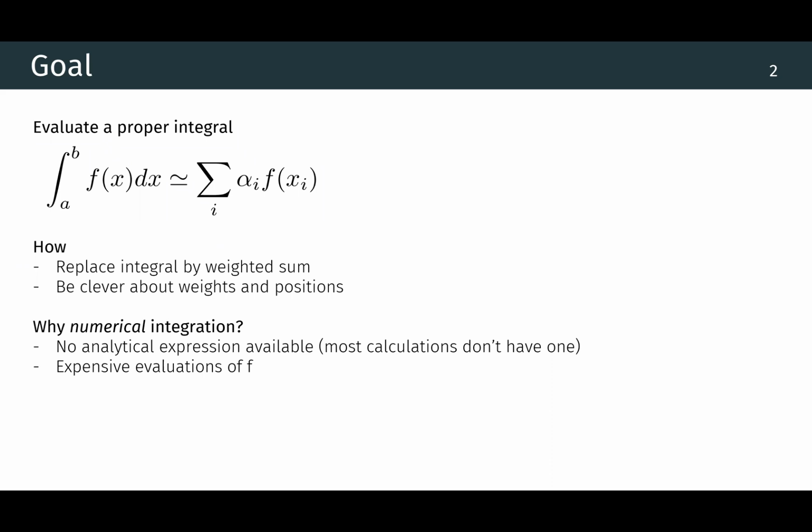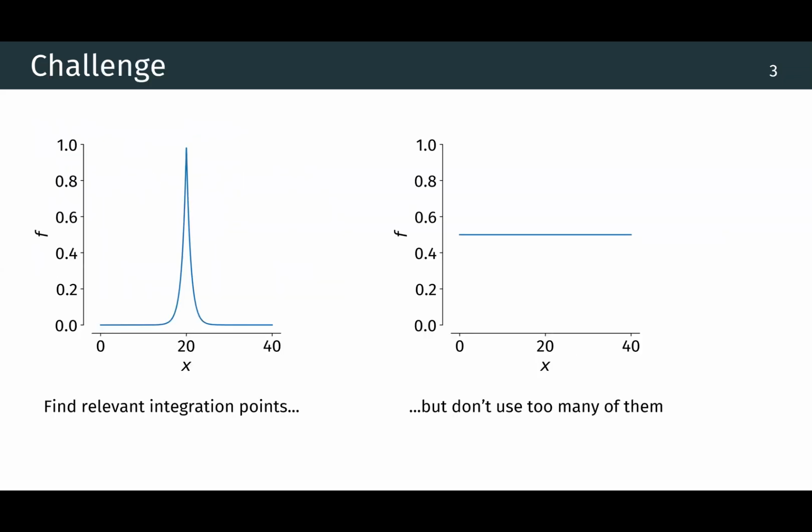So let's look at the strategies, the main problem in this. Now you can argue, well, you just pick some points and weigh them, maybe take the average or something, and this way you get an integral. Well, yes, but also no, because the question is, which points are relevant?